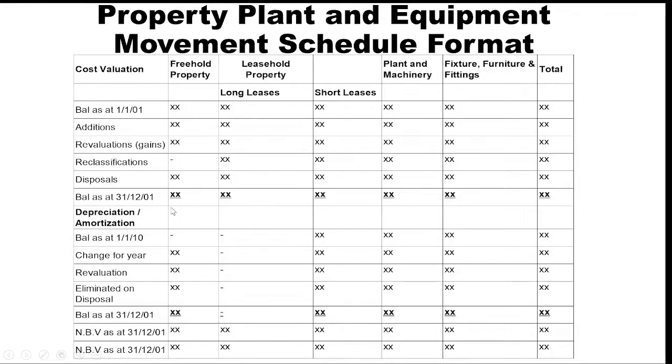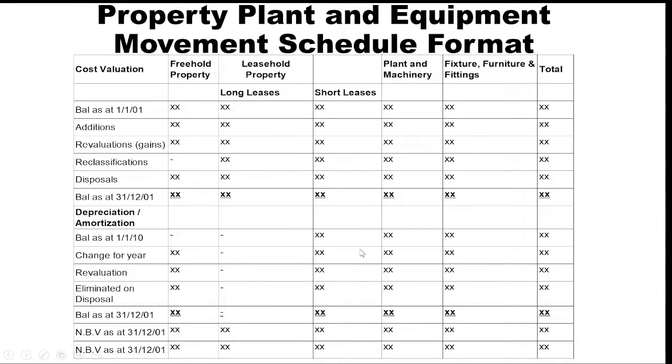Then below we are going to discuss the depreciation or the amortizations. We have the intangibles. So the balance as at January of that year, let's assume it is 2010.